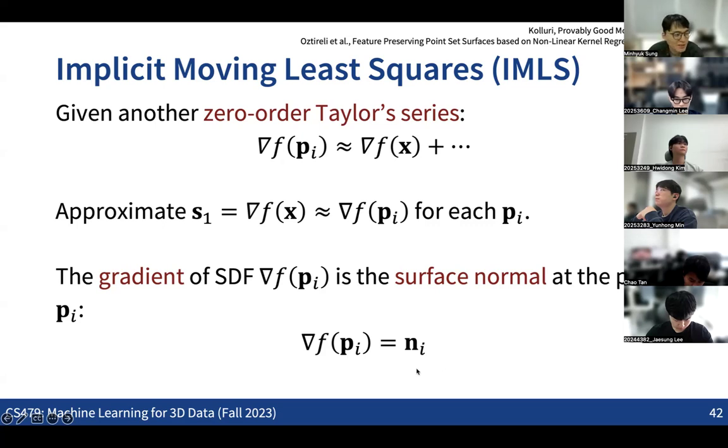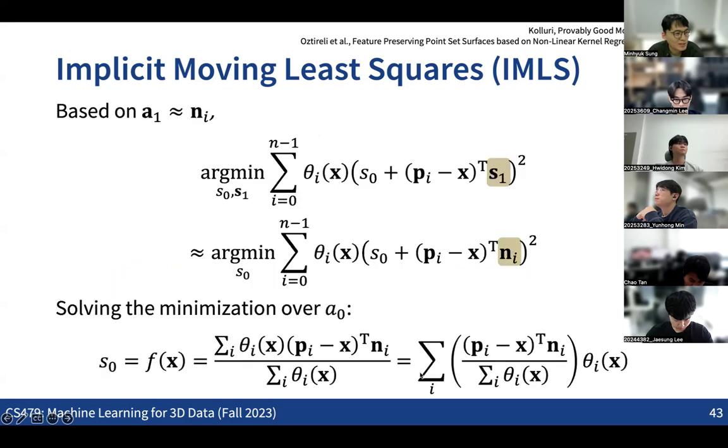So based on this approximation, we are replacing this S1 here with the normal vector. Then this optimization becomes nothing but just getting the value of S0. So we are replacing the variables here with the surface normal information for each point.